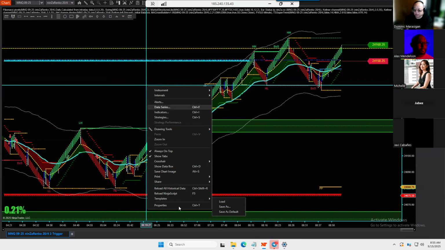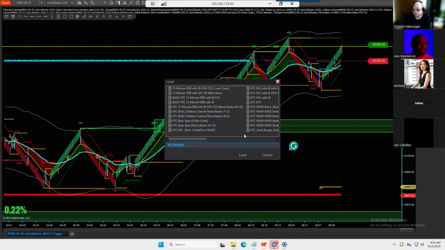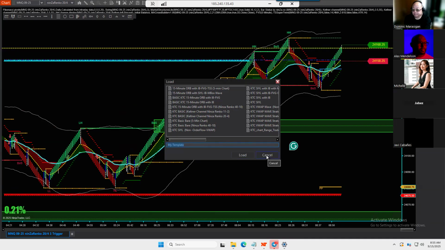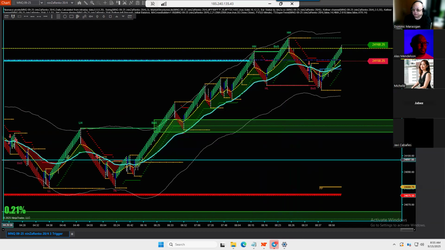When you do the templates, you're going to have several templates on there, like here, I have several. You just want to pick the one I just sent you, which is the 20x4, which is this one. All right, coach, let me send that right now before I forget.